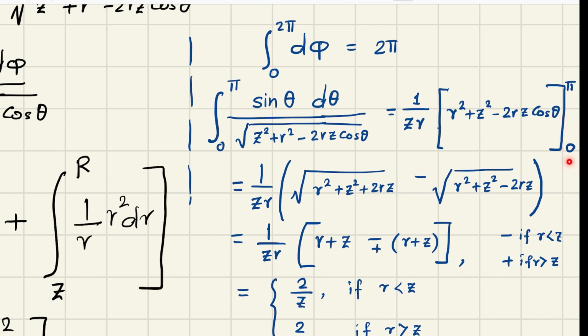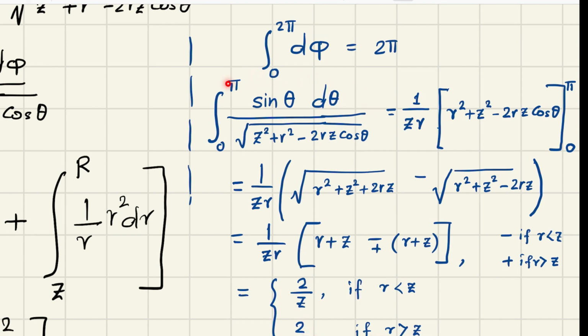Then I plug in the limits, and that makes it simple. So this becomes r plus z minus plus: I take minus if r is less than z, and plus if r is greater than z. Simplifying, it is 2 by z if r is less than z, and 2 by r if r is greater than z.